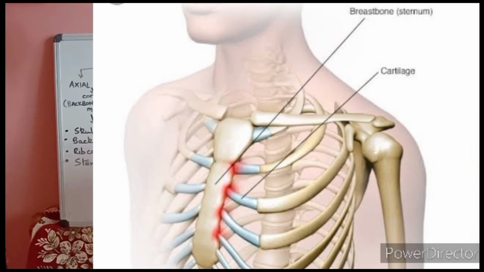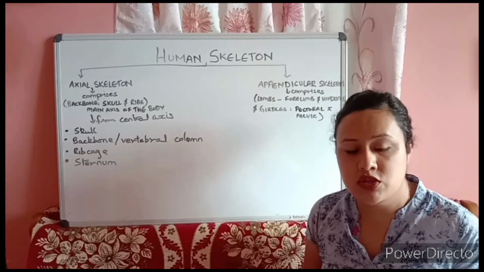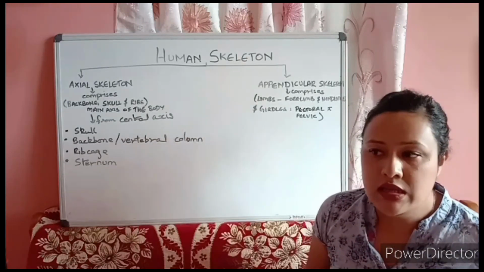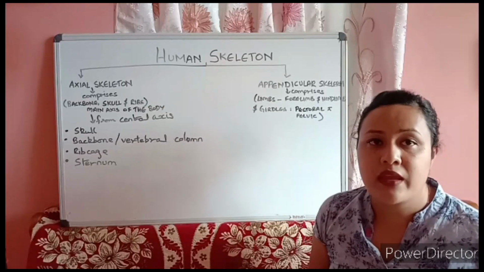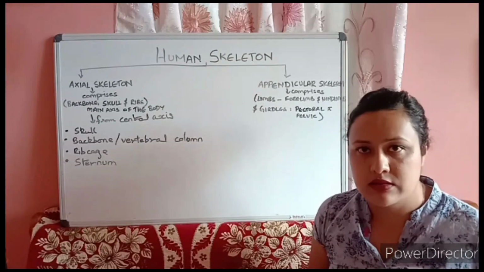Together they make up your rib cage, that makes up your thoracic cavity. And what does this thoracic cavity do? It protects your main, vital organs, that is your heart and your lungs.